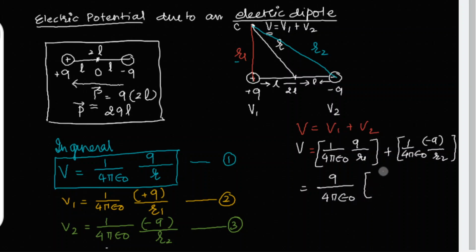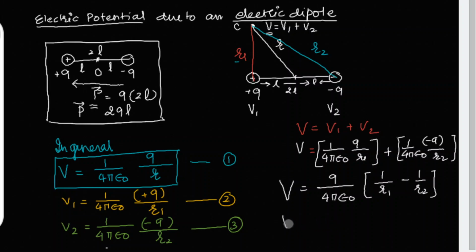What remains inside is 1 upon R1, the plus and minus combine to a minus sign, and 1 upon R2 remains. So V is equal to Q upon 4 pi epsilon 0 times the bracket 1 upon R1 minus 1 upon R2.